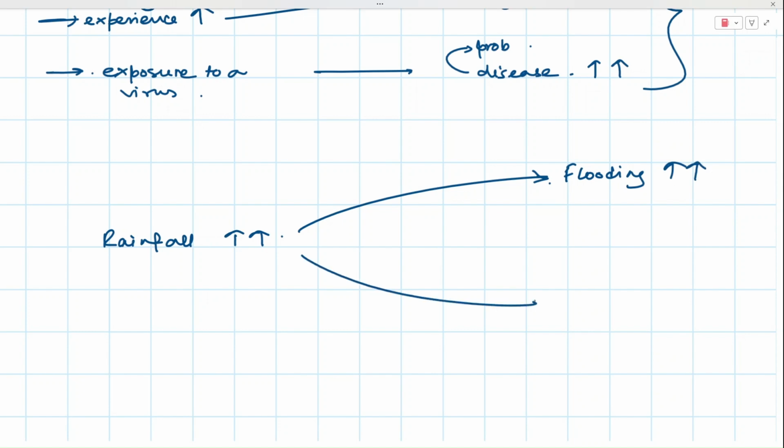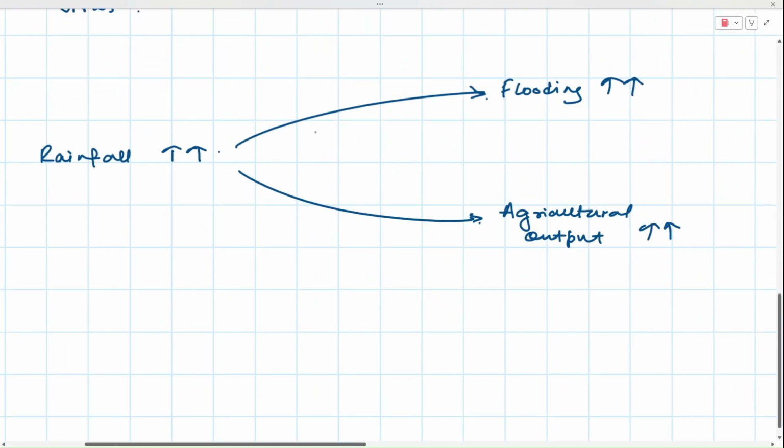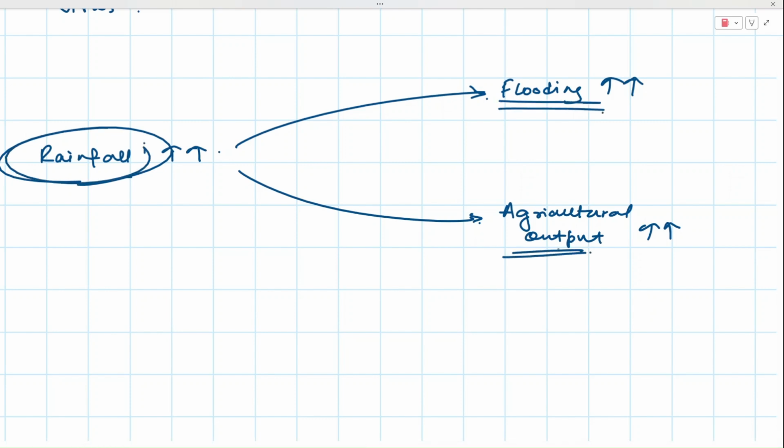Also, if there's heavy rainfall, then agricultural output can also rise. Because we know that rainfall is the variable that is causing flooding, and rainfall is also the variable that is causing agricultural output to rise, our chart looks like this.